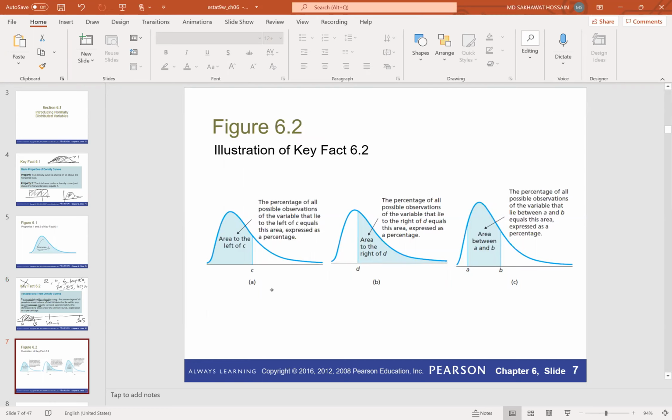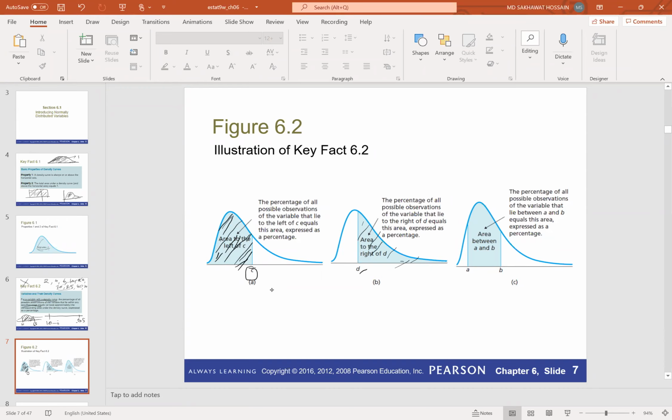Here we have the density curve, the percentage of all possible observations of the variable that lie to the left of C. So we have a number C. If you calculate the percentage of all the observations which are left of C, it will be equal to the area under this curve, left of the value C. So this area will be equal to the percentage of the observations which are less than C.